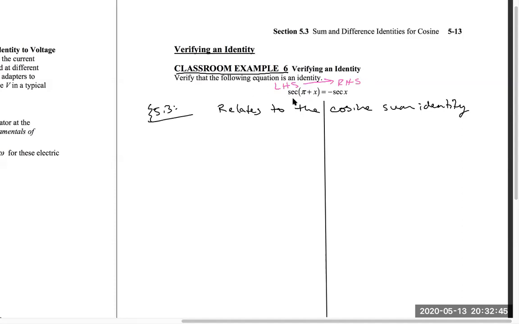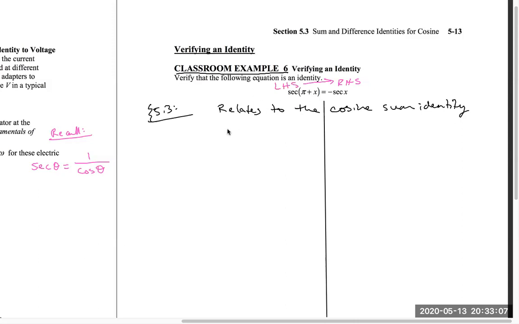So the first thing is to note that we have a secant here with some argument behind. Recall, if we had secant theta, that would be 1 over cosine theta. In this case, theta is pi plus x.